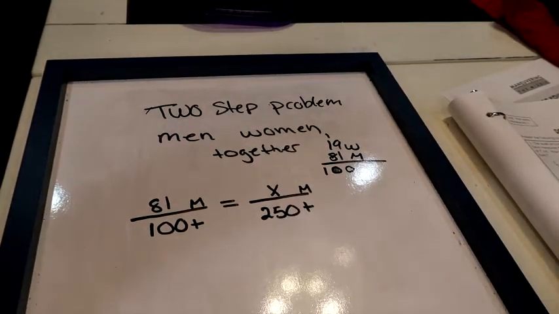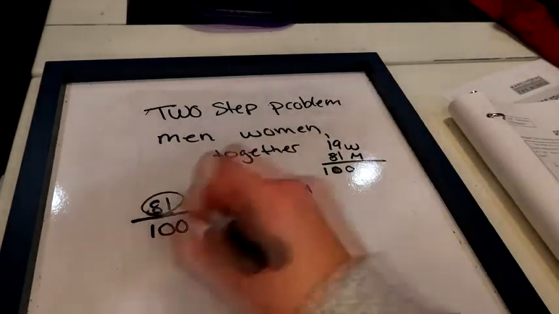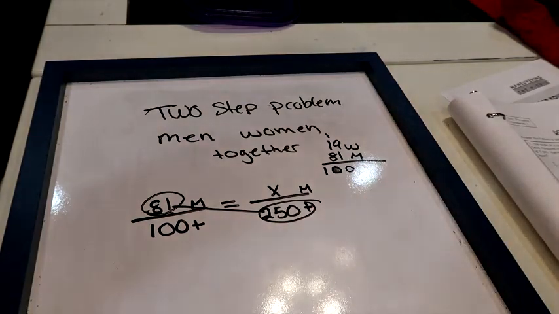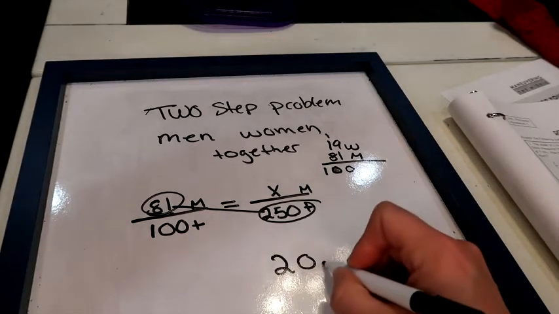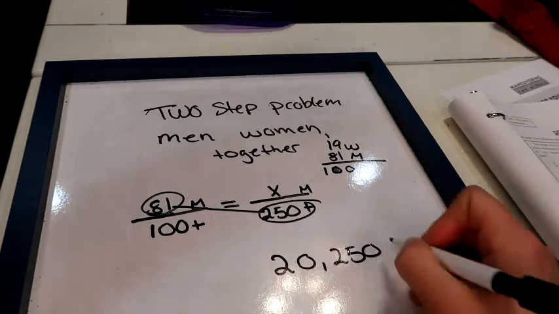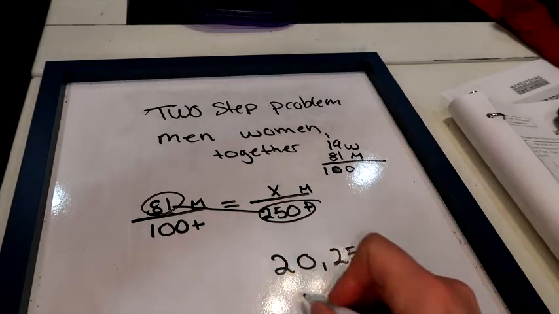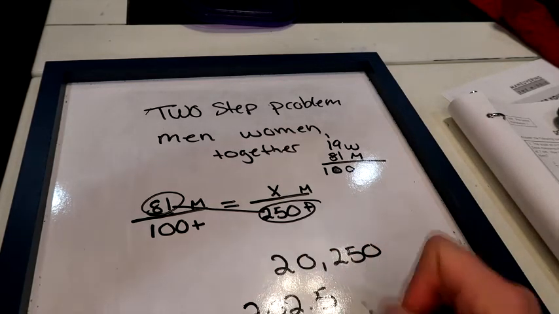Okay? Again, these are rather large numbers. Not that we can't figure it out, but we have a calculator. So I'm going to multiply 250 times 81, which gives me 20,250. And then I'm just going to divide that number by 100, which would give me about 202.5.